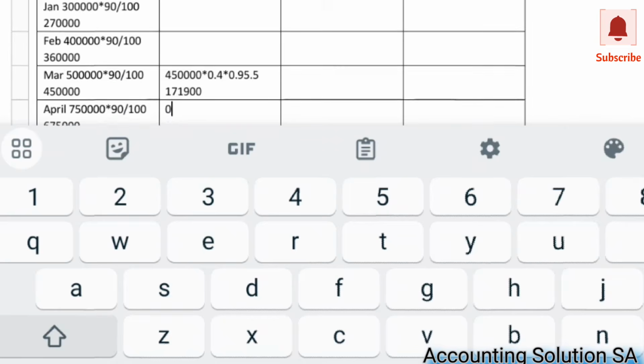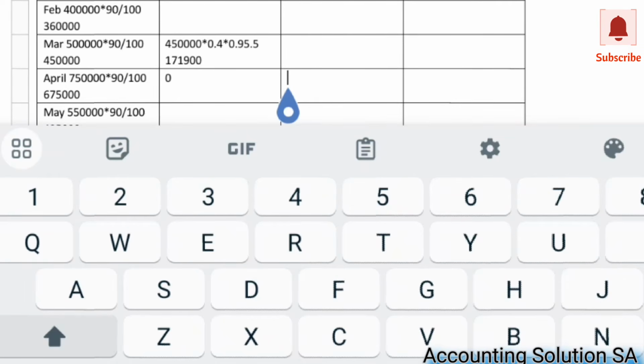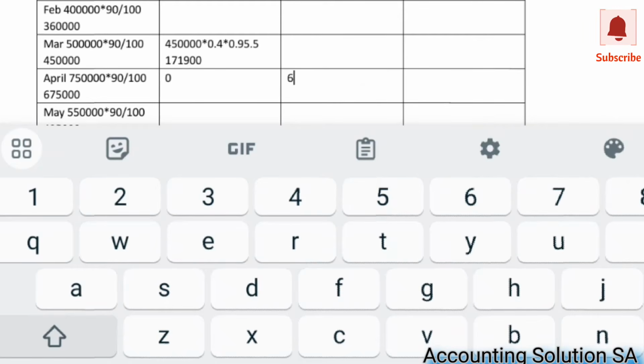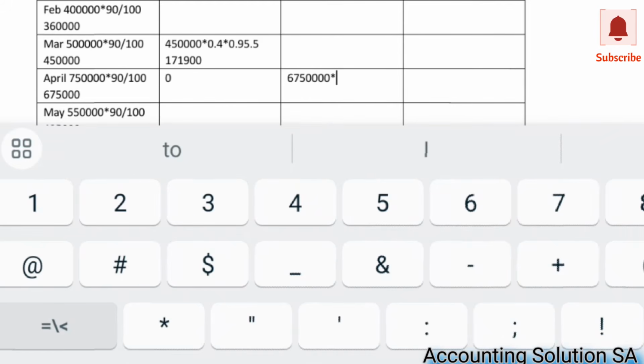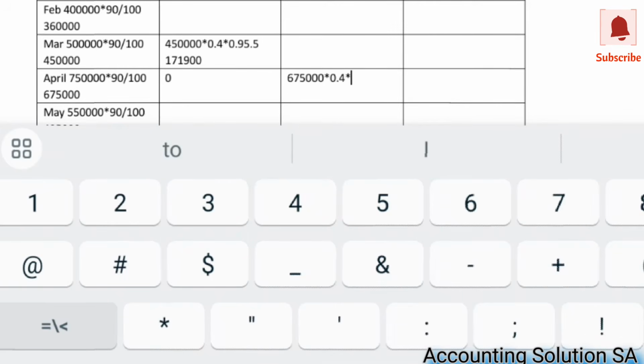the following month of April is not April for this one. The following month of April is May. On May is the one that we are going to calculate what? 40%. Okay, which means that we're gonna say 675,000 and we multiply by 40%, and we also multiply by 95.5%.